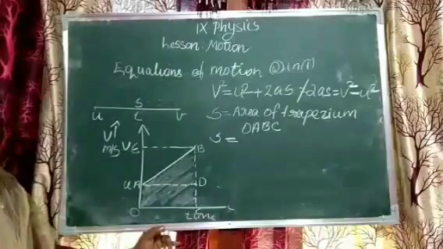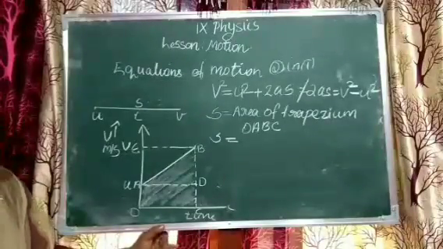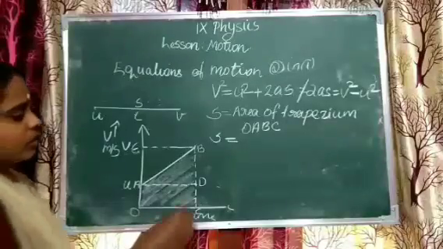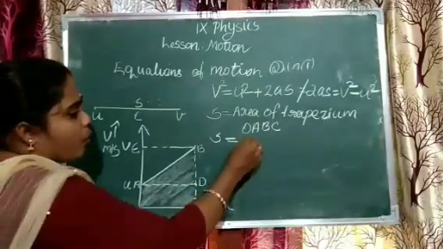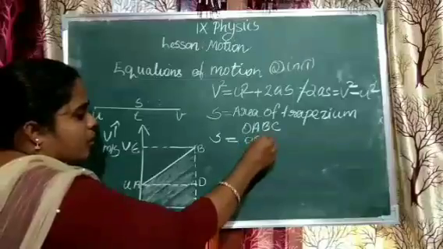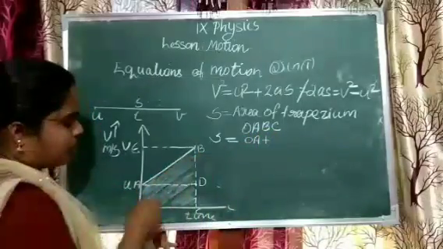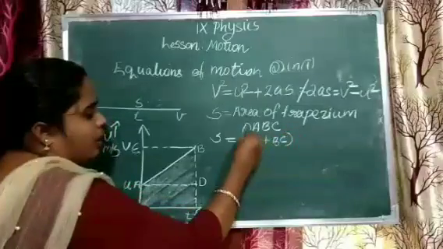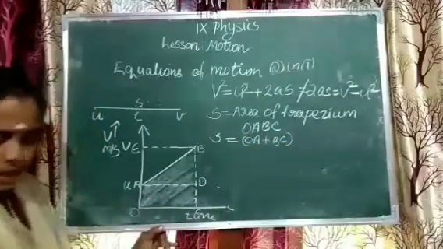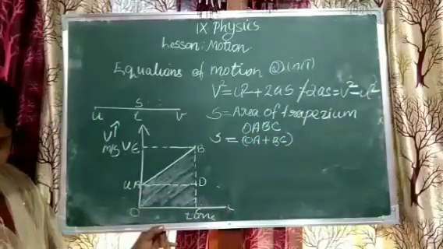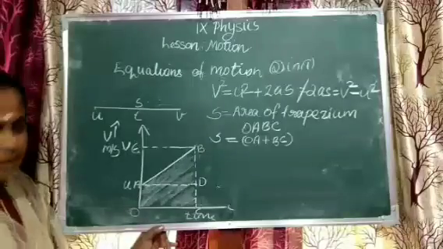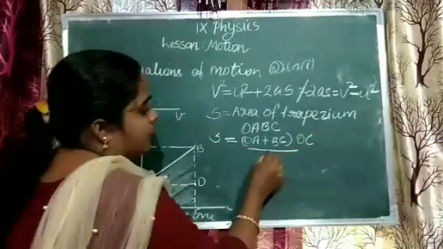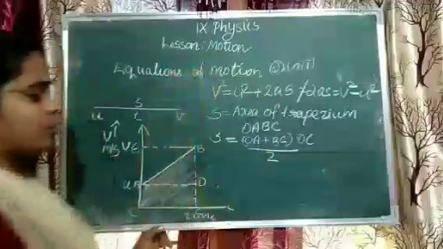So here, how can we write? Half into H into A plus B. So we can write it as OA plus BC, into height, which is OC, half into all divided by 2.